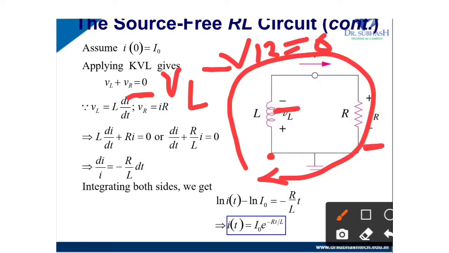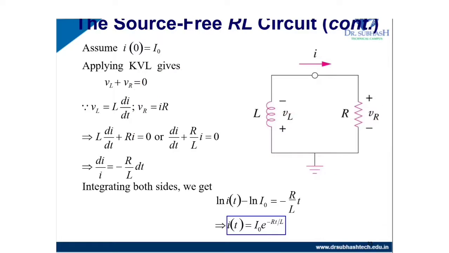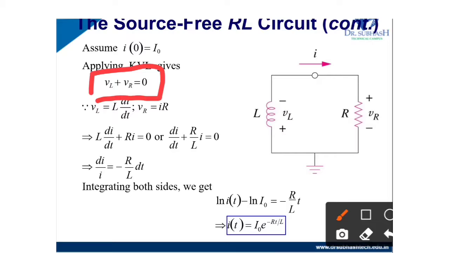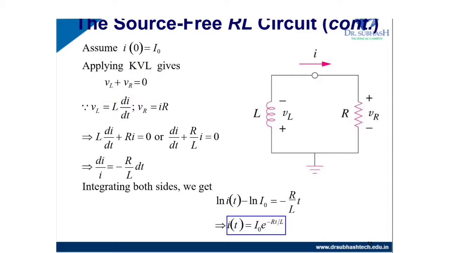If we multiply by minus 1 on both sides, we get plus VL plus VR equal to 0. So VL plus VR equal to 0.